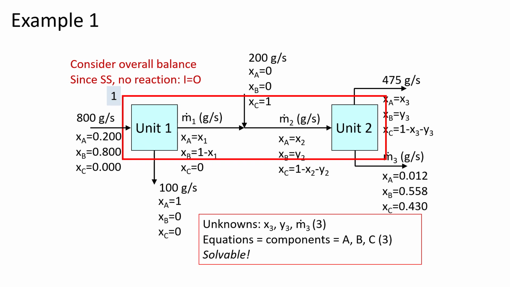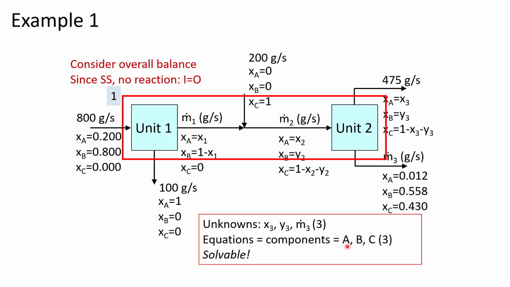So let's start with the overall control volume 1, which is drawn here. As we just talked about, there are 3 unknowns: a mass fraction x sub 3, which is the mass fraction of A in the top product from Unit 2, y sub 3, which is the mass fraction of B in the top product from Unit 2, and then m dot 3, which is the flow rate of the bottom product from Unit 2.